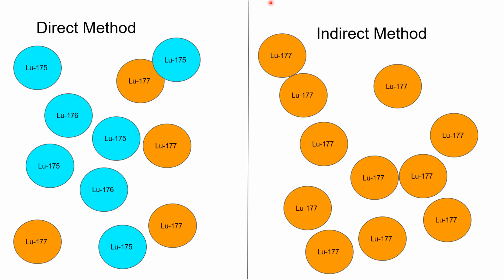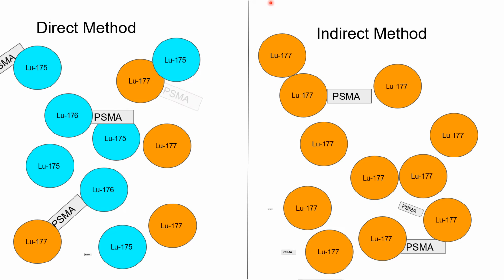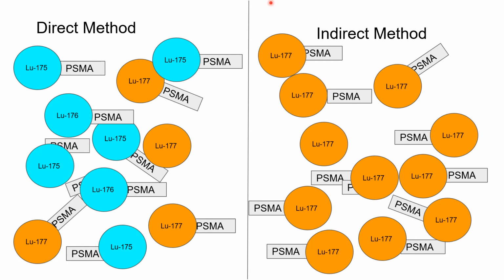Now you have a very high specific activity lutetium by the indirect method, whereas your direct method is still not only lutetium-177. You label it with your vector, in this case prostate-specific membrane antigen therapy, to change its biodistribution.